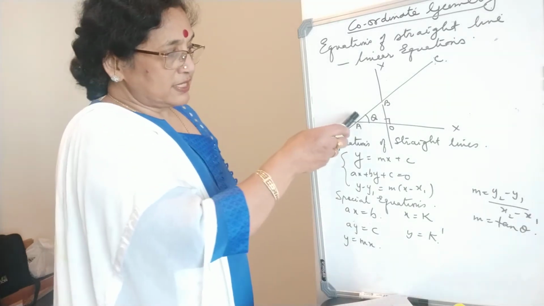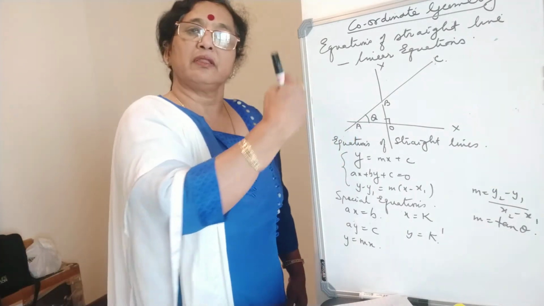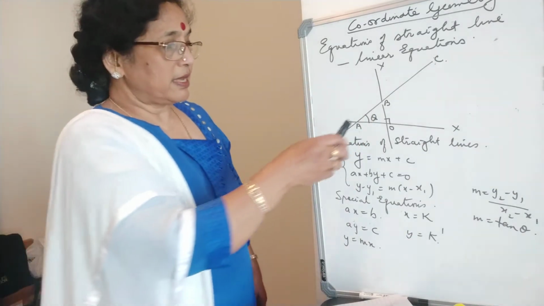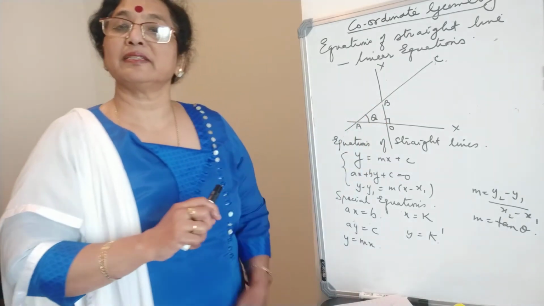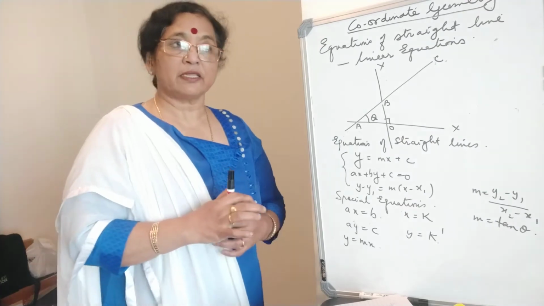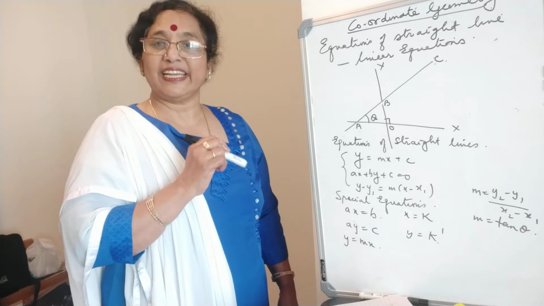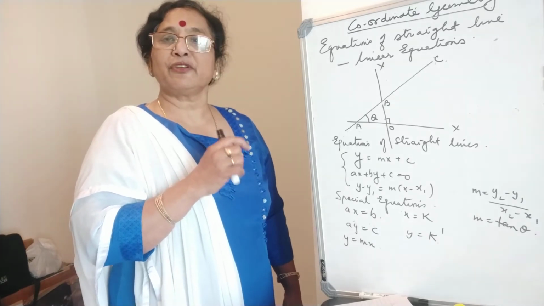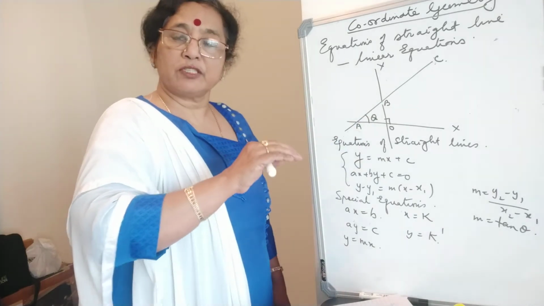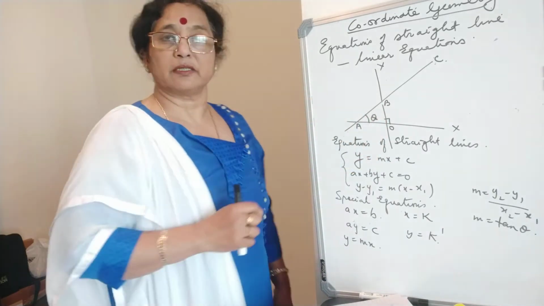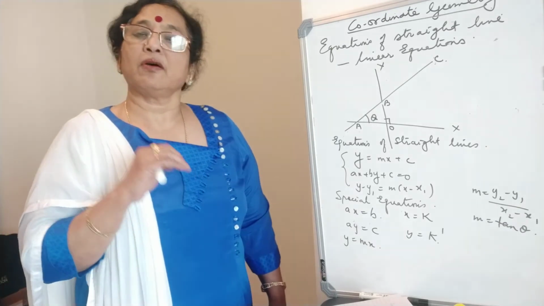So here, this angle which is 180 minus theta, that's not the inclination. The other side, you can see angle BAO or whatever, that angle is the inclination, right? And tangent of this angle is called gradient or slope, because it is the ratio of the vertical distance to the horizontal distance as you move this way.